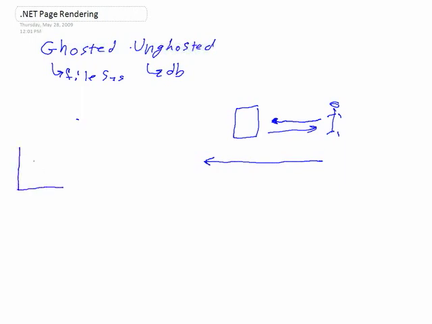The first stage is pulling it off the file system. By pulling it off the file system, it looks for the master page and grabs it from there. Then it will say, all right, now I need to get my content out of the database, or if it's an ASP page, off the file system if it's ghosted, which is faster.